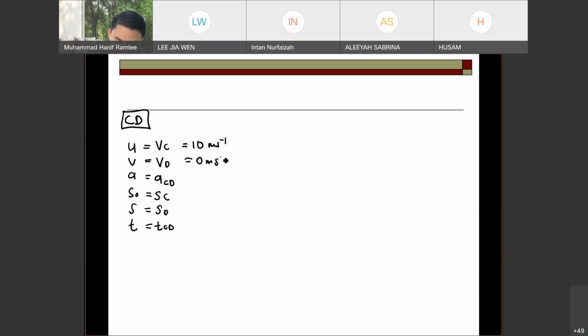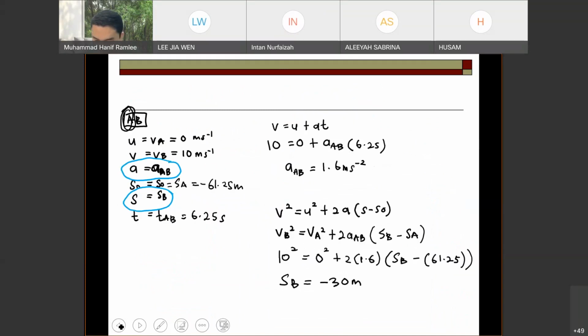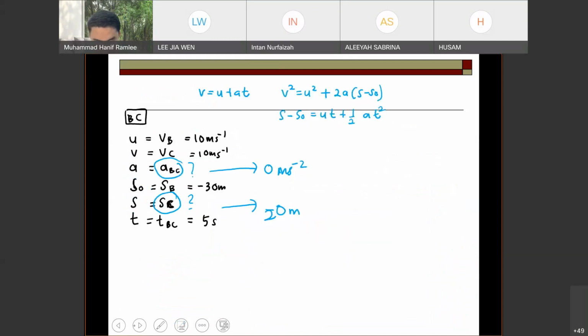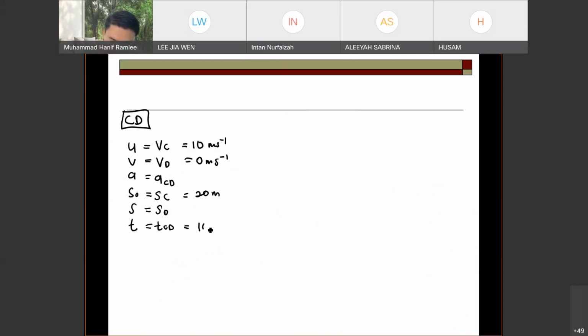VD 0. ACD is the unknown value. SC is getting from the previous one. SD is the unknown value. TCD from the graph. Let's check again the graph. Should be 10 second.